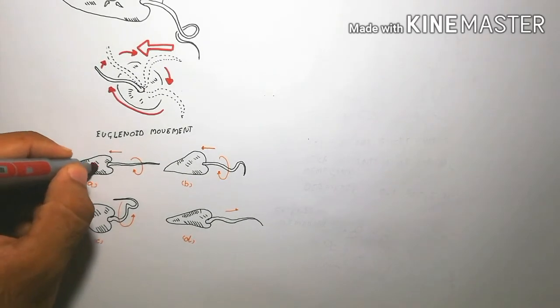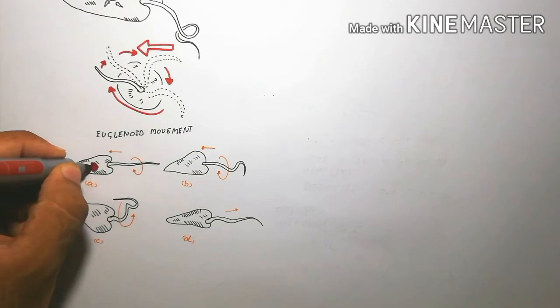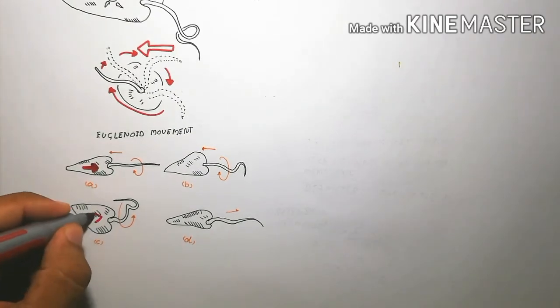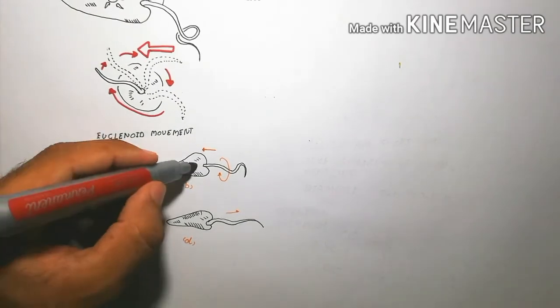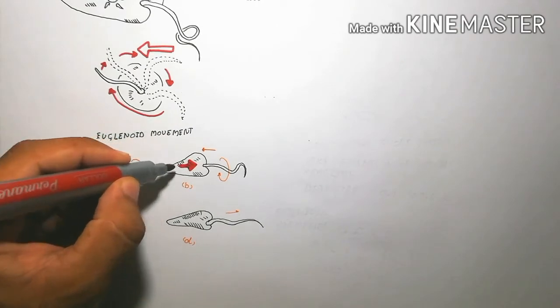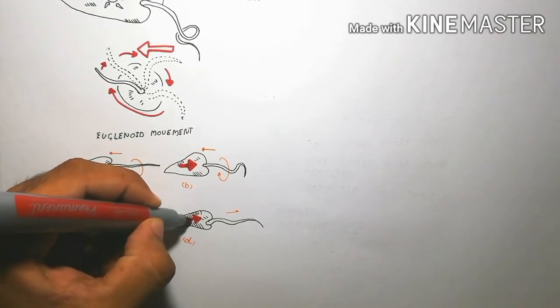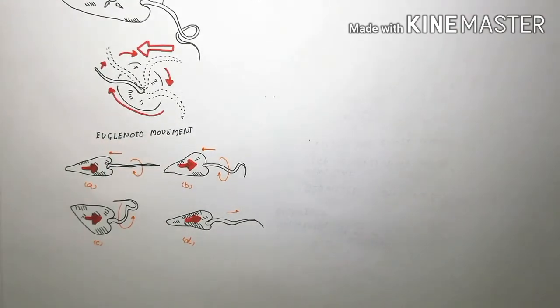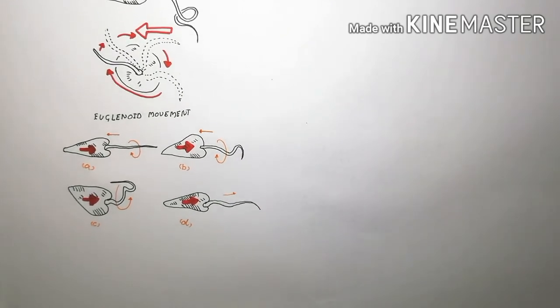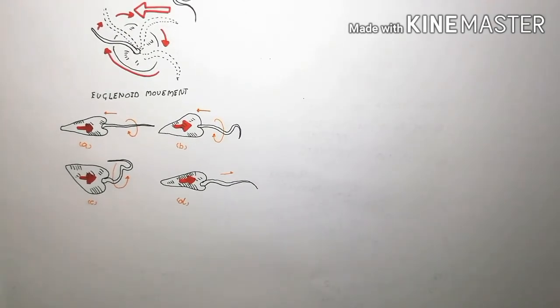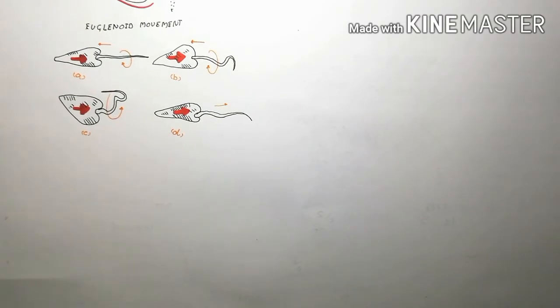The euglena moves forward by the contraction of the anterior region itself. Then again the normal position occurs like in diagram A. So this is the basic structure of the movement of euglena.